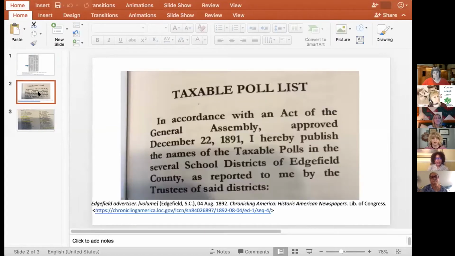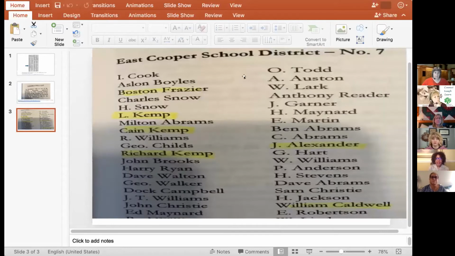This is the statement in the newspaper about taxable poll lists: in accordance with an act of the General Assembly approved December 22nd, 1891, they published the names of the taxable polls in several school districts. On this particular list, I found my ancestors.